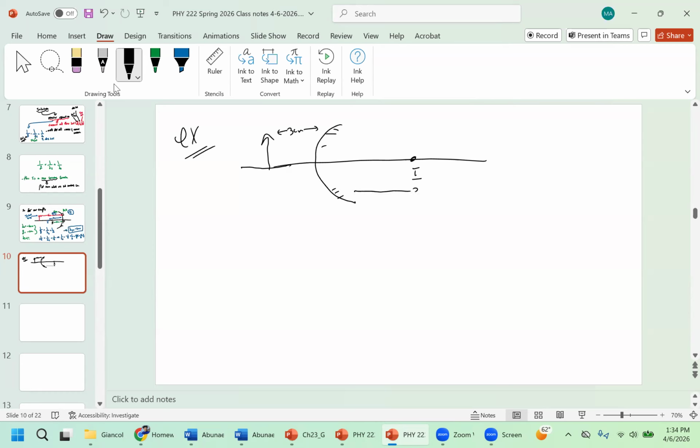This image is, let's say, 10 centimeters. I can make this 30. It makes it a lot easier on calculations. So find your focal length.